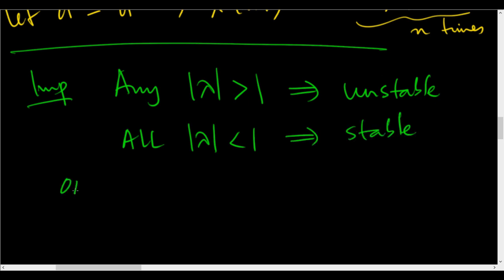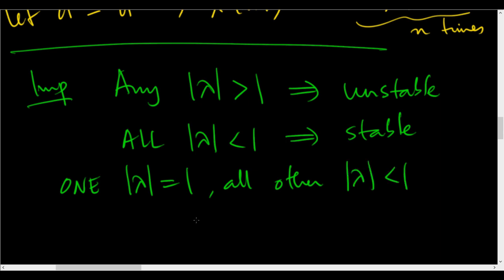One lambda equal to 1, all other lambda less than 1, neutrally stable, and with nonlinear terms can be unstable.